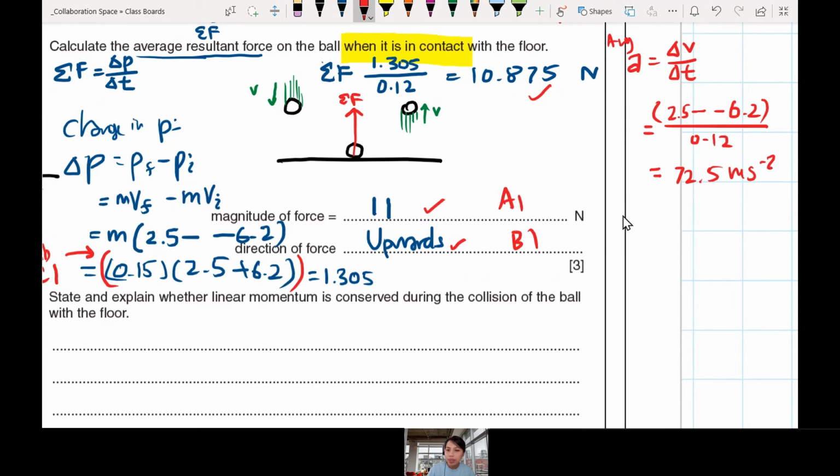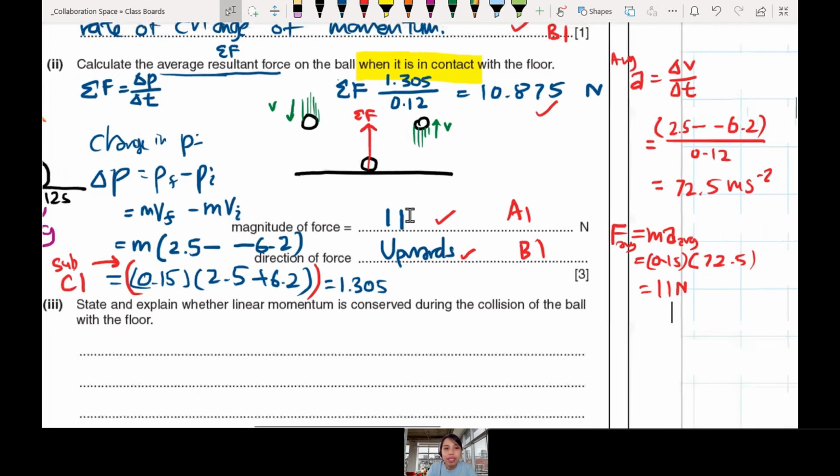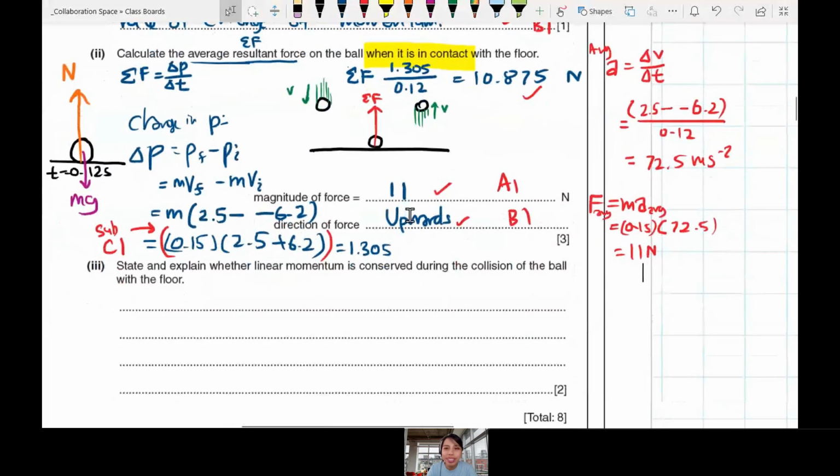Then once you find acceleration, you can say, oh, then I can do F equals m times a. So 0.15 times the average acceleration, 72.5, and you will also get the same thing, 11. I mean, both methods are related in this case, so whichever method you use, you get the same answer. Okay, what questions do you all have about this calculation so far?